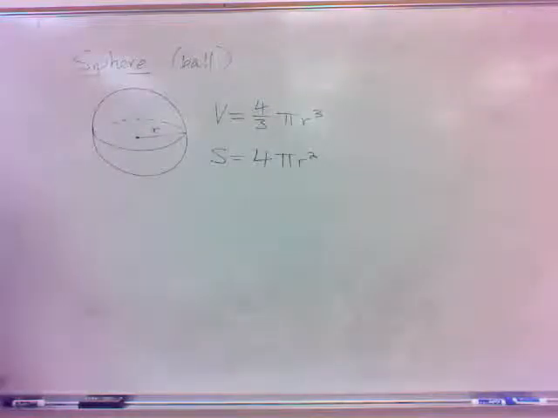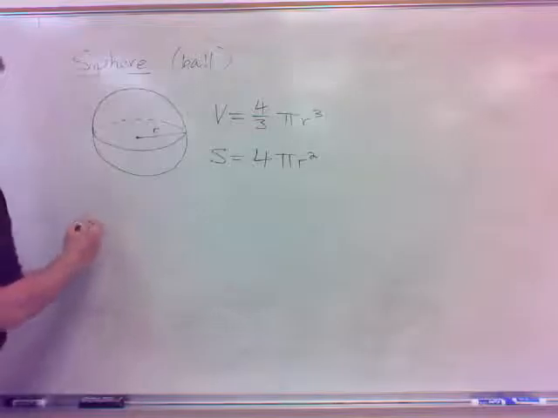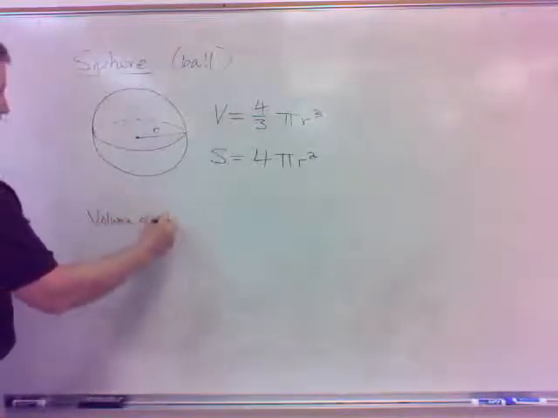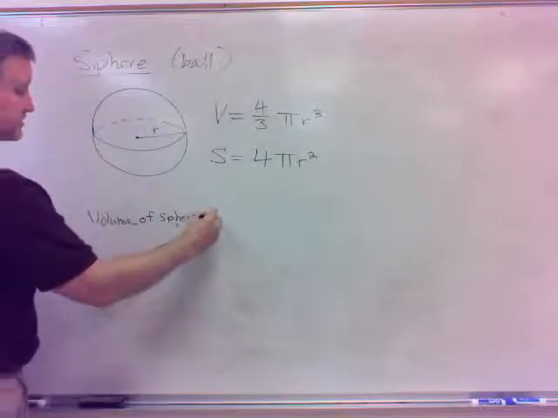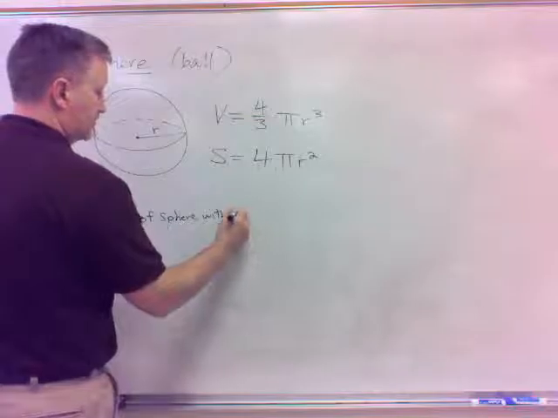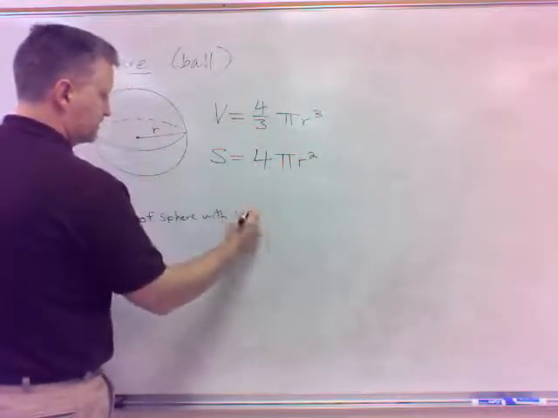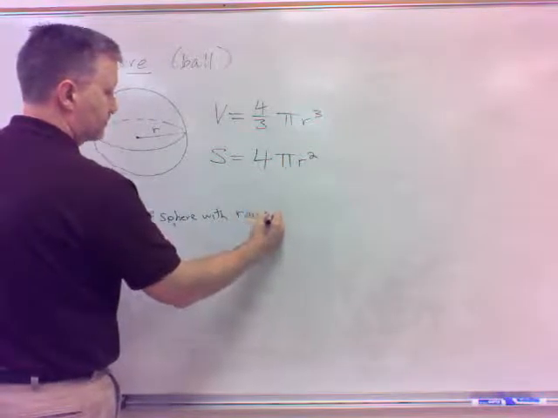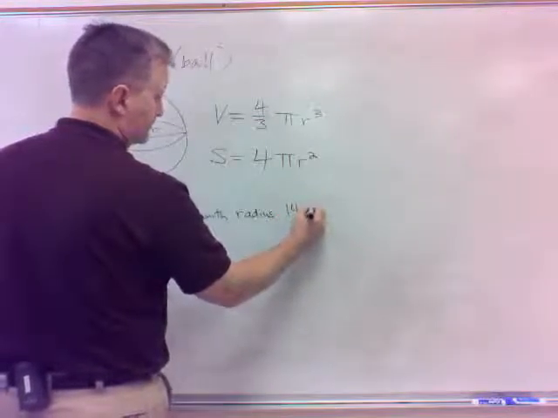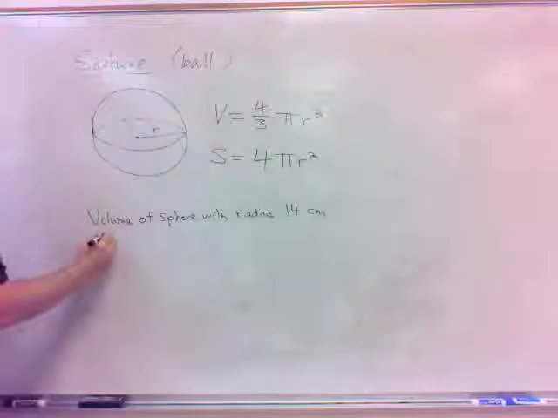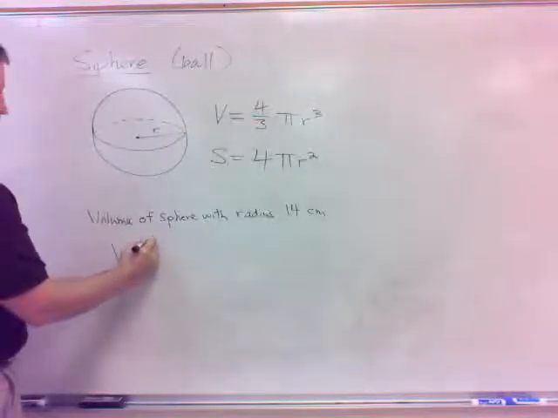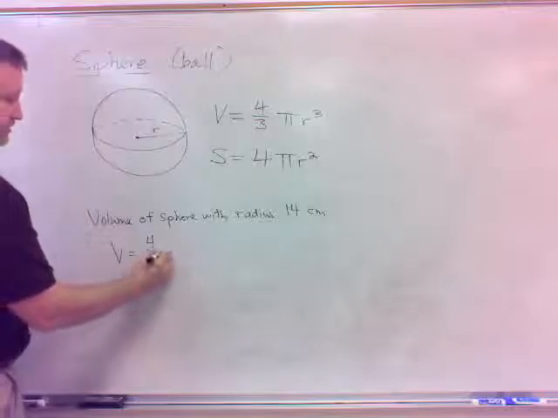So the volume, let's just do 1 or 2 here. What would be the volume of the sphere with radius, let's say the radius is 14 centimeters. Okay? Well, the volume is 4/3 pi r cubed.